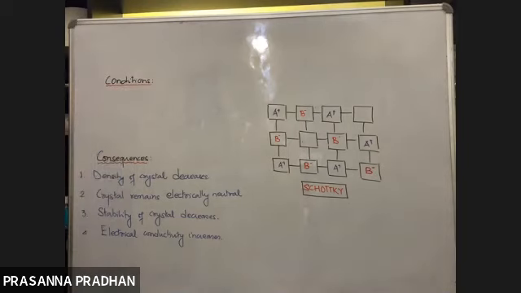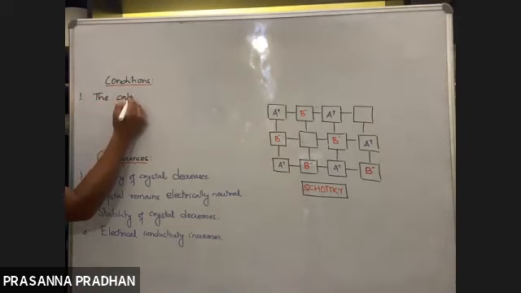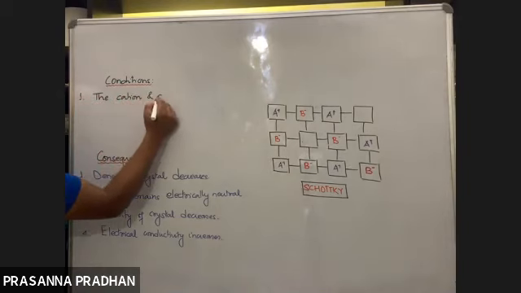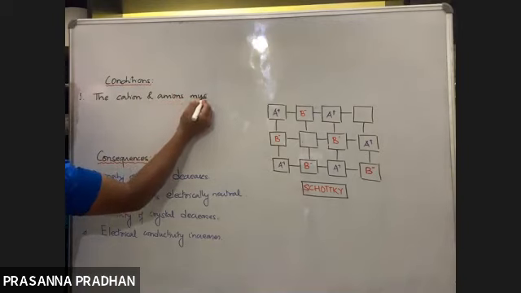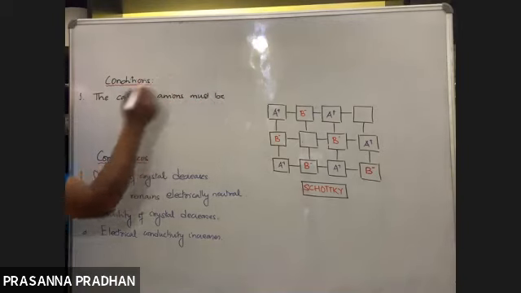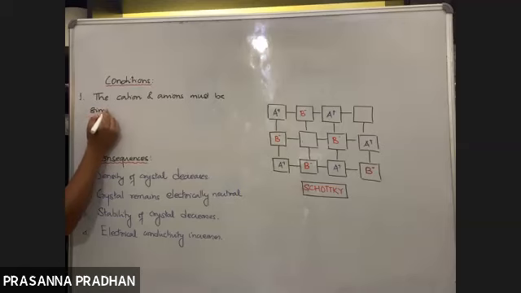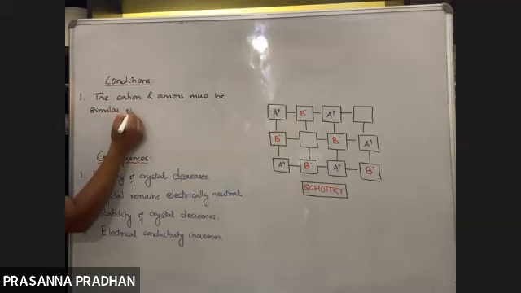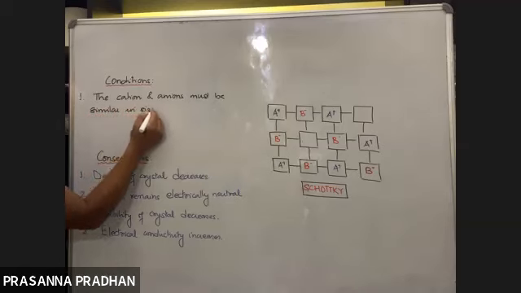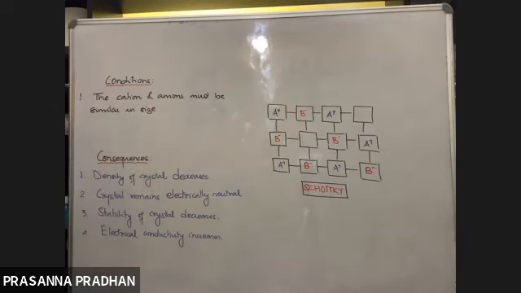So condition number one, the cation and anion must be not same, I'm not writing same, must be similar in size. That is, the size of the cations and anions must be similar.